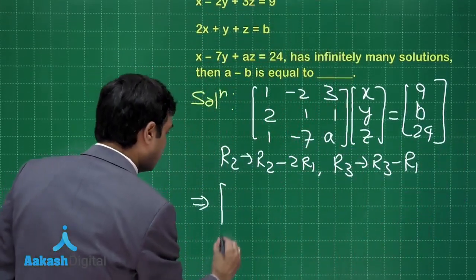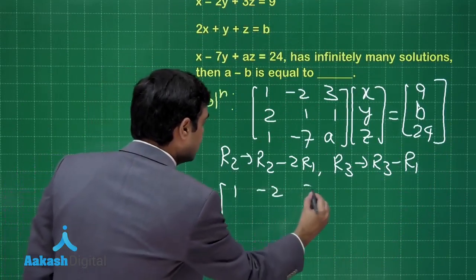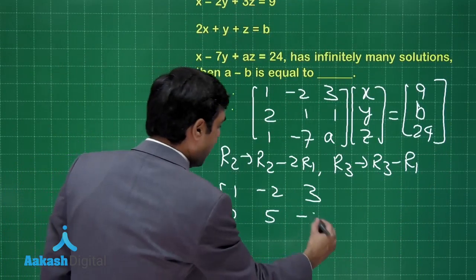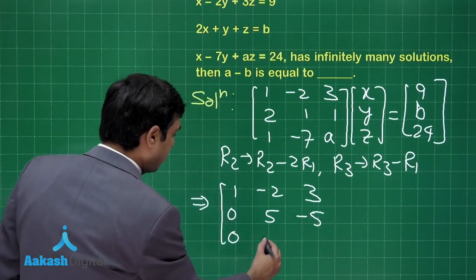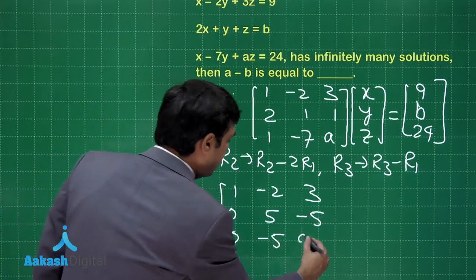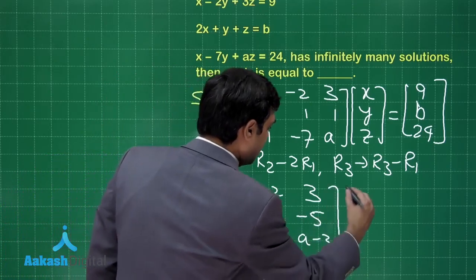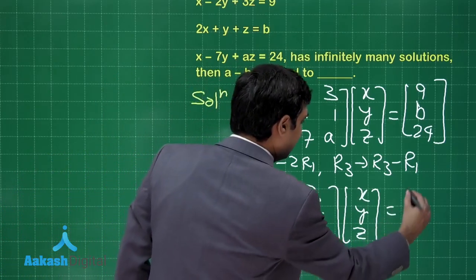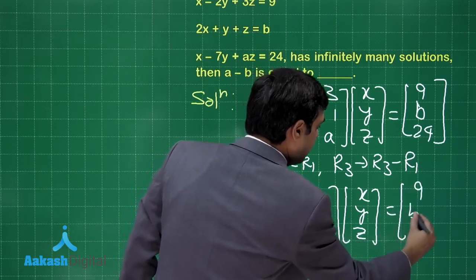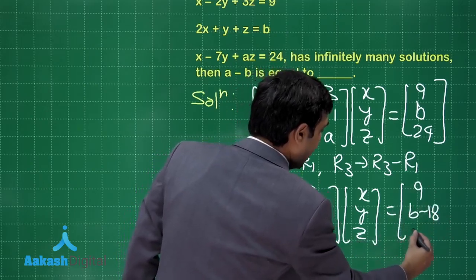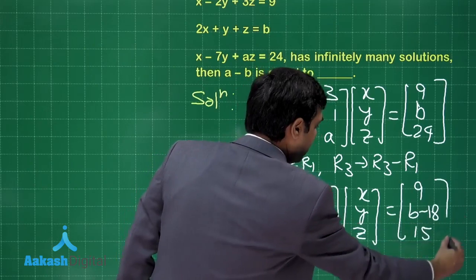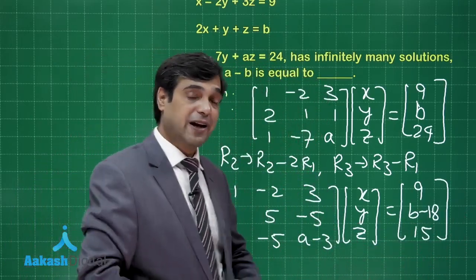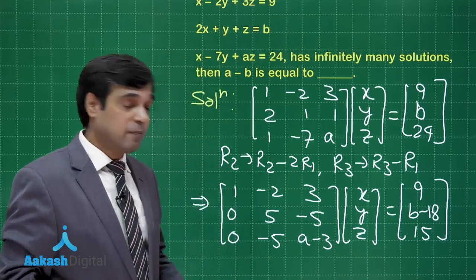This gives us 1 minus 2 3, 0 5 minus 5, 0 minus 5 a minus 3, times x y z is equal to 9, b minus 18 and 15. Points are clear? All right. In order to get infinitely many solutions, what is required?